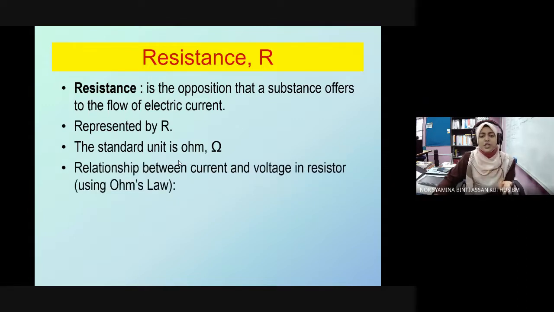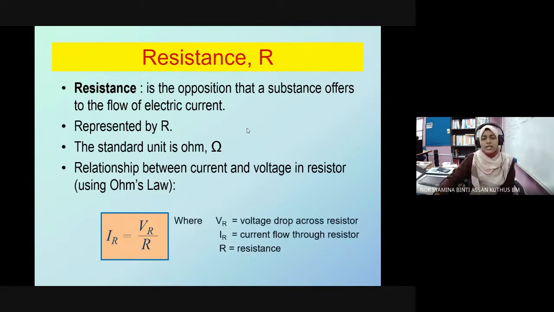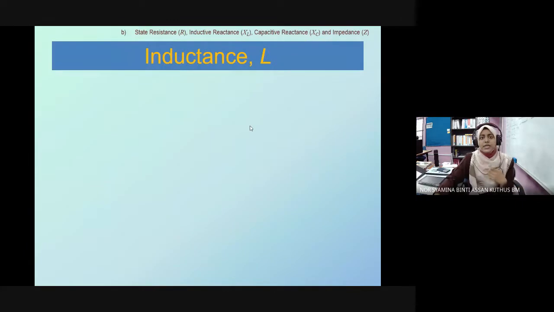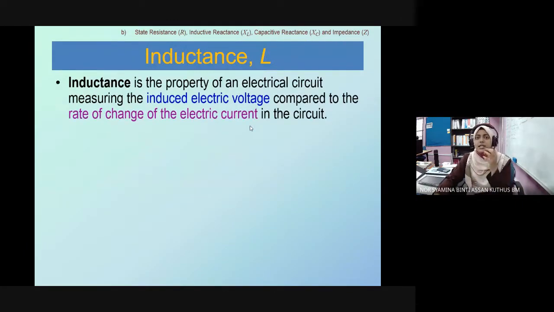So relationship between current and voltage in resistor will be using Ohm's law. Okay, so kalau kita tahu apa relationship between current dan voltage in resistor, dia punya basic idea of resistance di dalam any circuit adalah Ohm's law. Okay, ini adalah benda yang kita dah tahu. So what is inductance? Saya cakap tadi, inductor dia akan store electric energy dalam bentuk magnetic field. But inductance adalah dia punya how much.